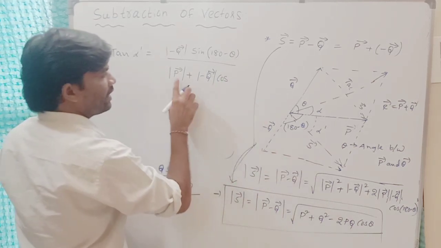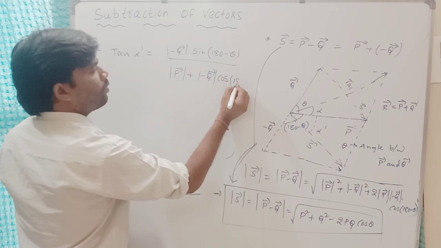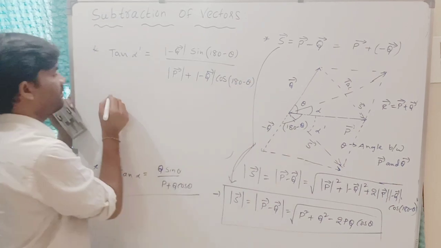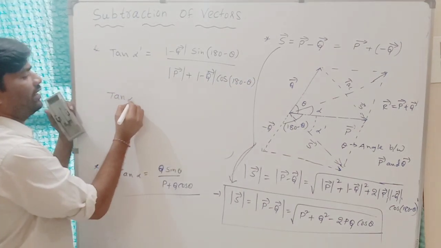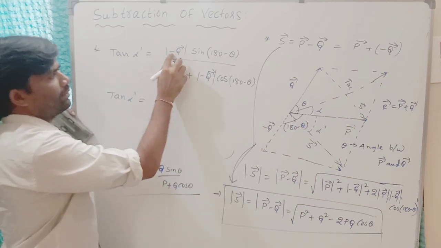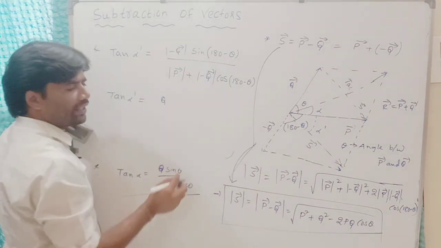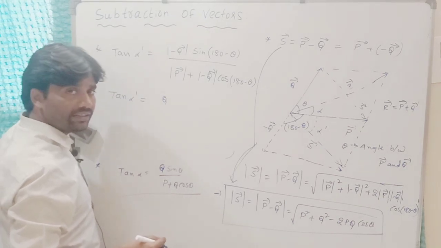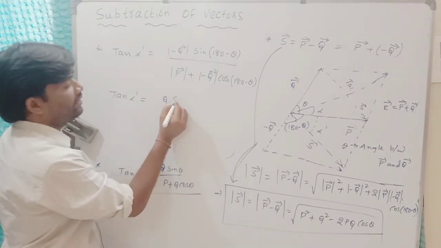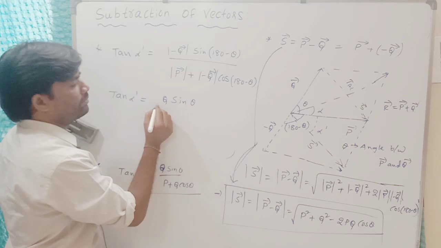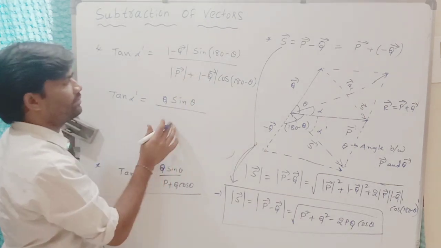What is theta? The angle between these two is 180 minus theta. Now tan alpha dash is, so mod of minus Q is Q only. Sin of 180 minus theta is sin theta. It is in the second quadrant, and you have the same sin theta.